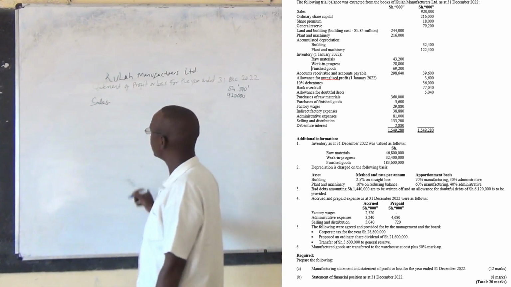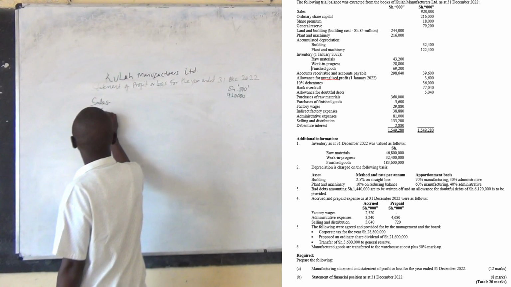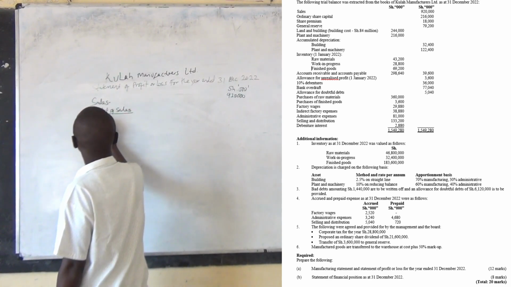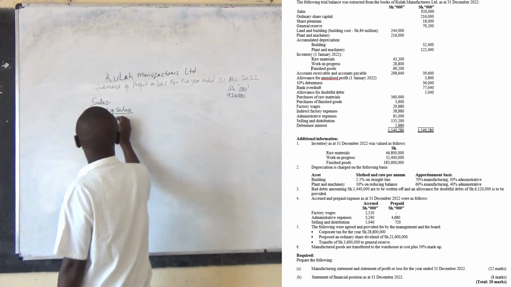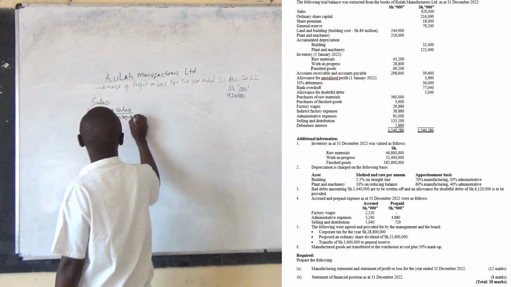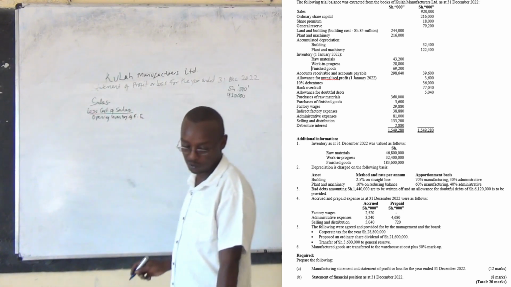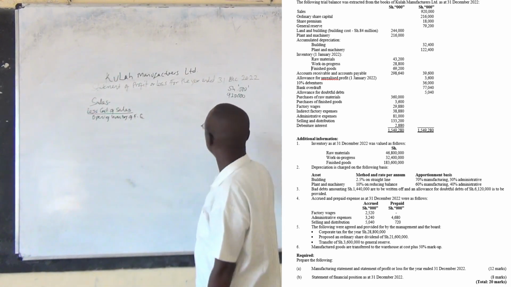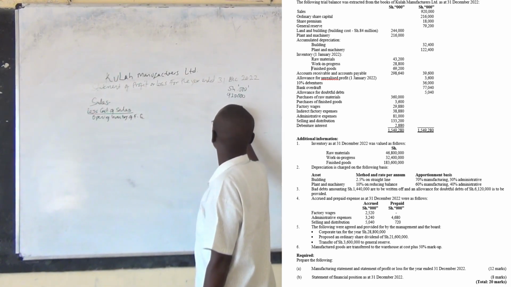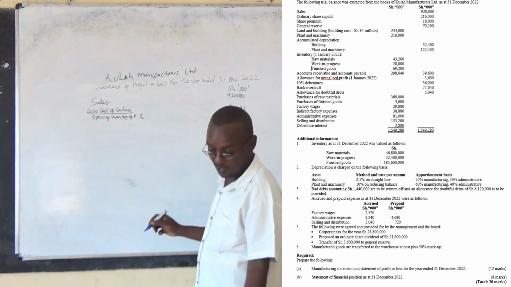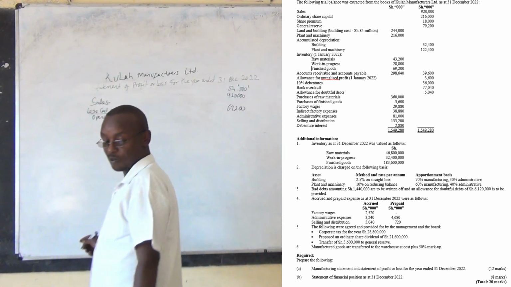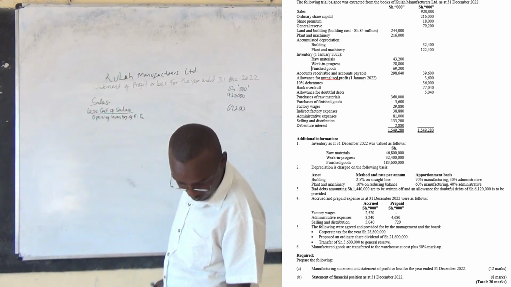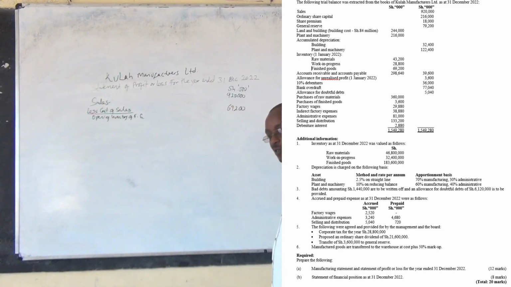Then less cost of sales. Opening inventory of finished goods. How much? 69,200. Add what? If you look at your trial balance, there are some who have purchased finished goods.